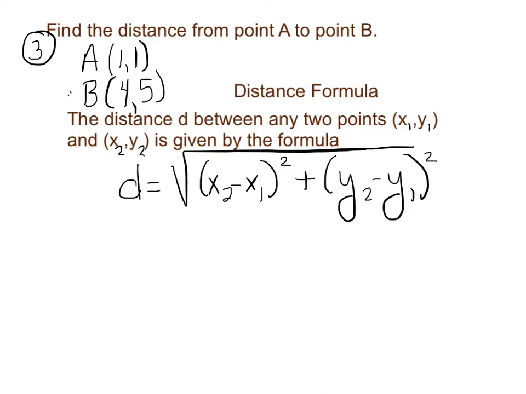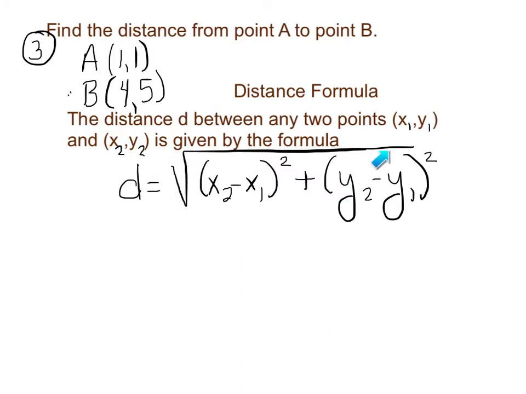So basically, all this is saying is you subtract your x values, square it, subtract your y values, square it, add the two terms together, and then you take the square root of what is left.